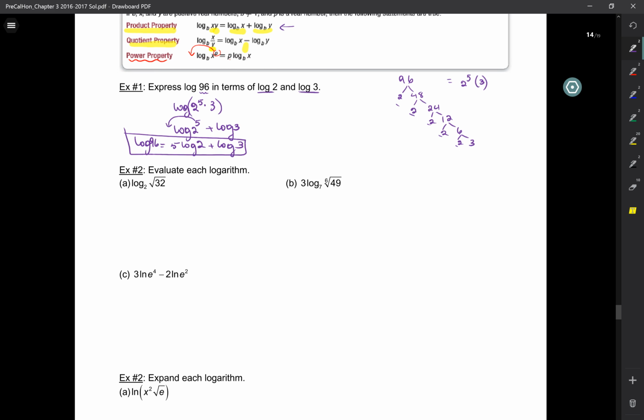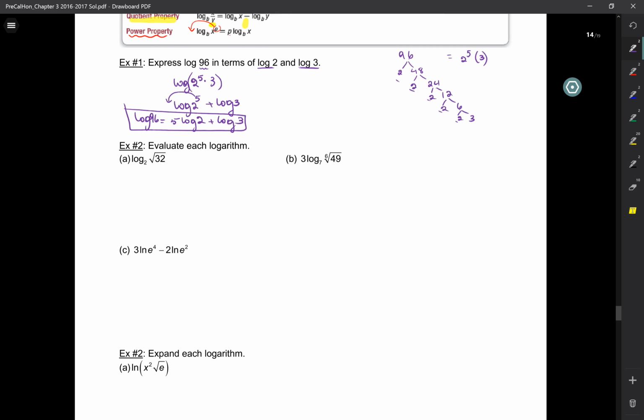All right, well, here's some more. It says to evaluate each logarithm. So what you want to do here is write each of these numbers as powers of that base 2. So here this is log base 2 of what? Well, it's the square root of 32. What's 32?